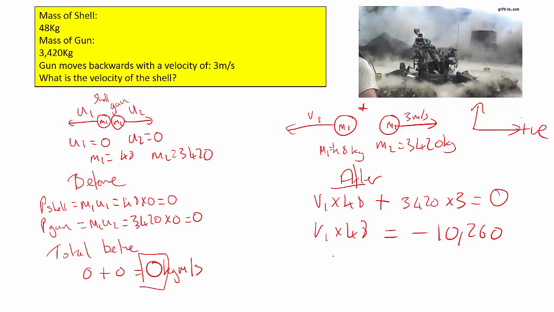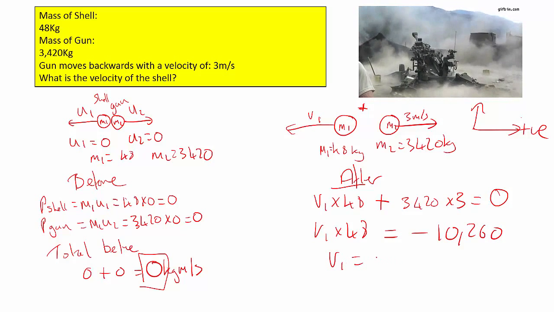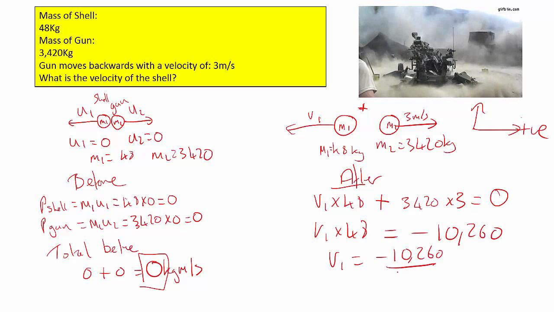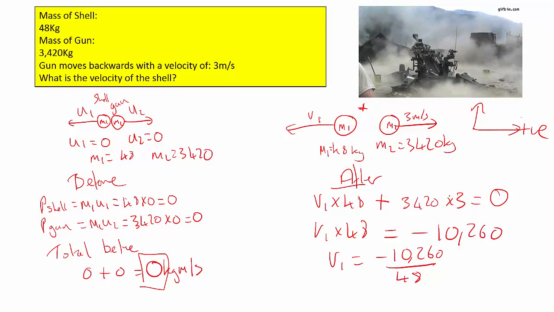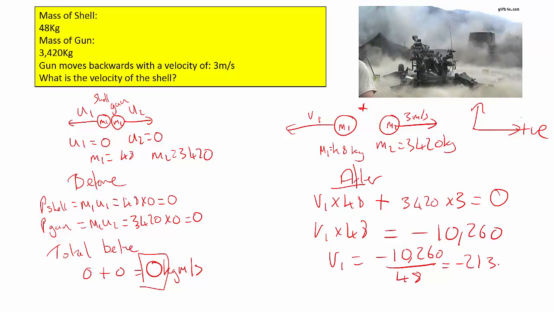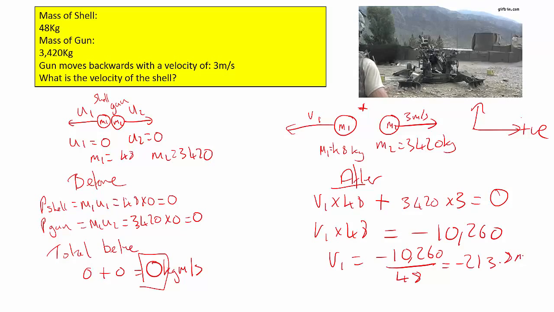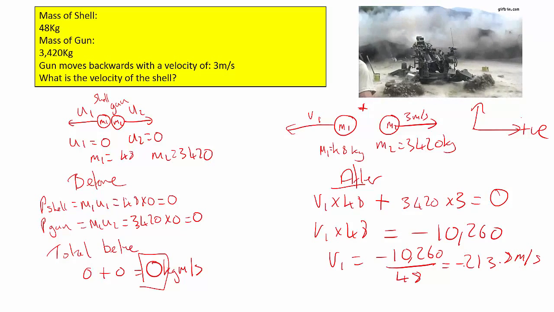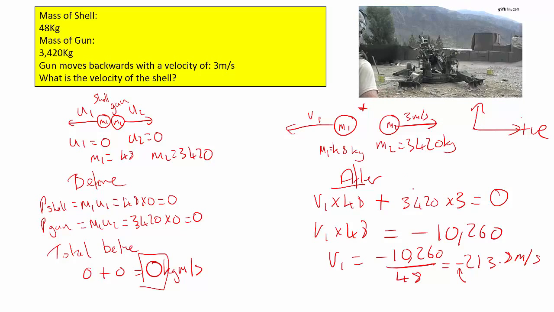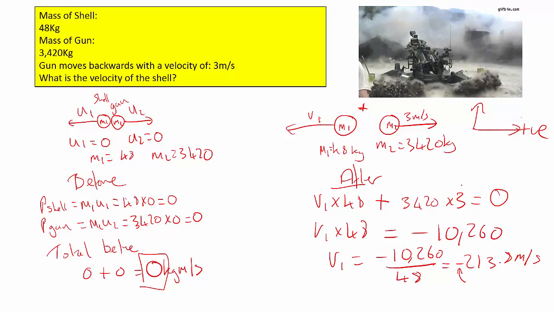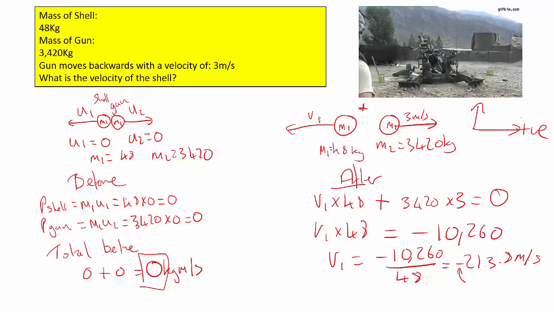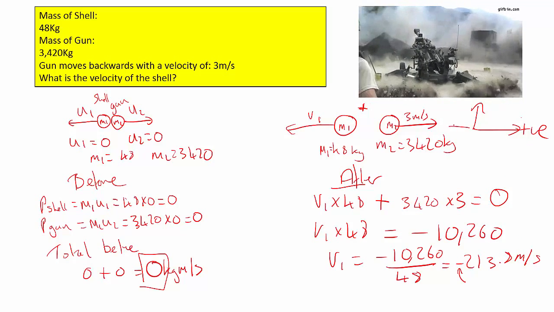We then need to divide by 48 to get V1, so V1 is equal to minus 10,260 divided by 48, and that comes out as minus 213.8 meters per second. So there we go, we've got the crucial negative here, which because of the sign convention that we picked, where the 3 is positive to the right, has come out as minus 213.8 meters per second, which means it's travelling left, in the opposite direction.